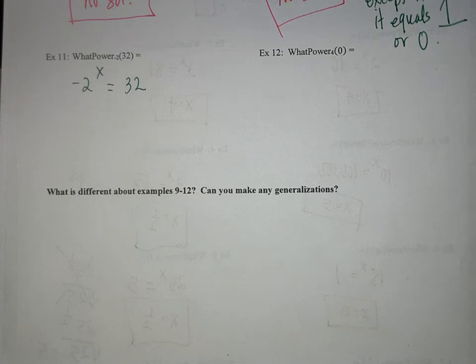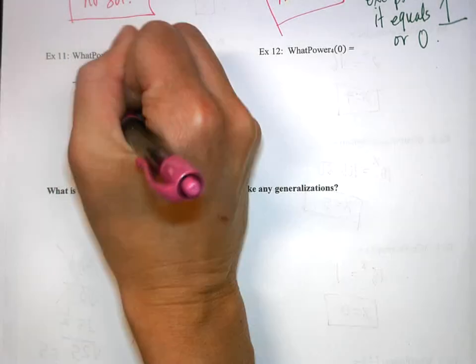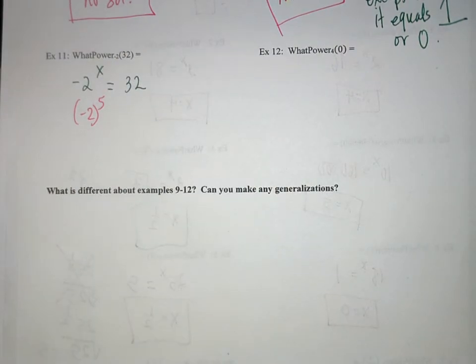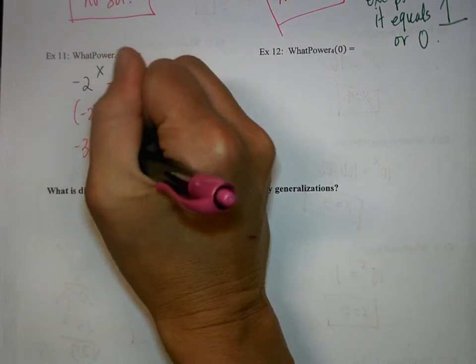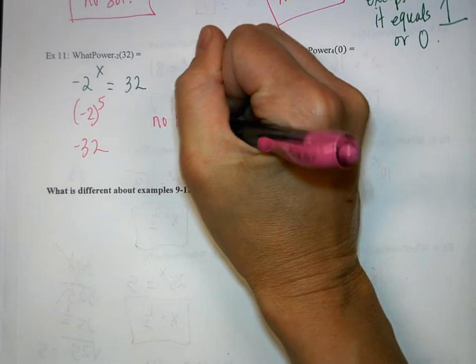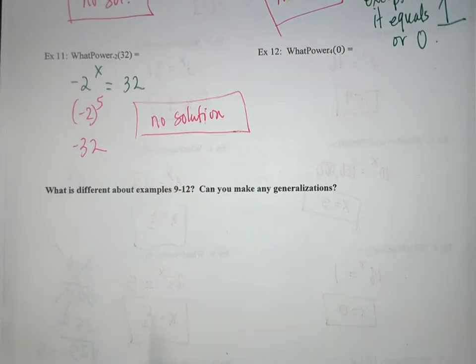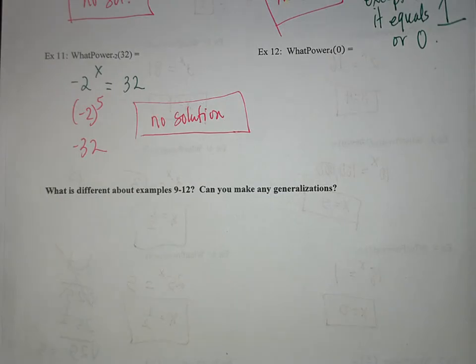Okay, so if we wrote this as negative 2 to the 5th power, what's that going to give me? Negative 32. So will that work? No. So this one is no solution. Let's come back to that. We're going to play around with it more because it depends on the value.